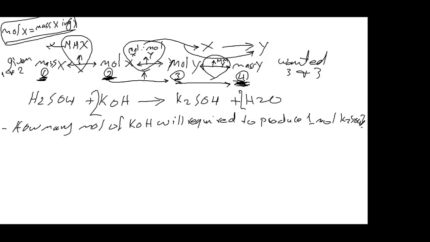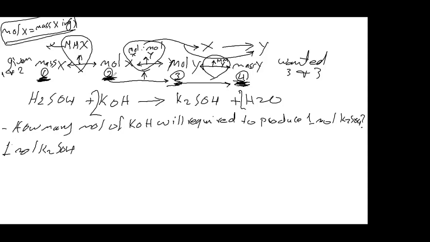Always start with the given information. What they give you? They give you 1 mole K2SO4. Now we need to know where we are, in step 1 or step 2 in the map. I have mole, so I'm in step 2. Look what they are asking. To know where you have to go to step 3 or 4. They're asking for mole of KOH, so I will go to step 3.